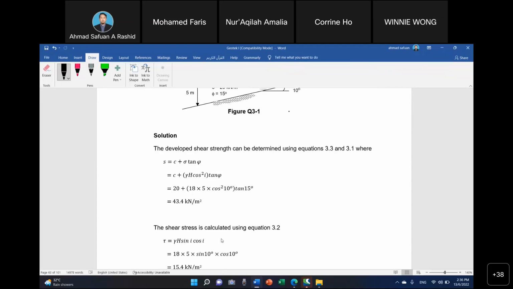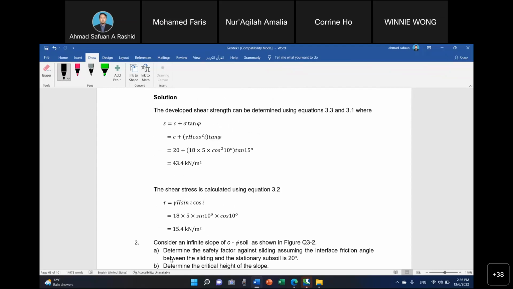The next is the shear stress. The shear stress is gamma times H sin i cos i. Gamma is 18 times 5 times sin i times cos i. Then we get 15.4. Actually, to get the value of the factor of safety, S should be divided by tau.